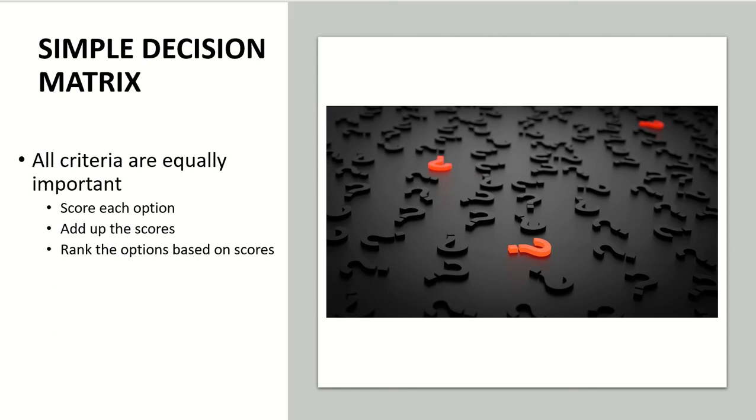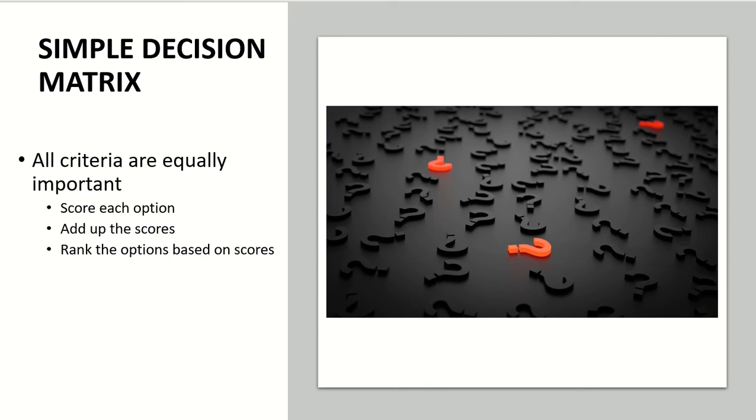It assumes that all the criteria that you use to evaluate your options have the same level of importance. You score each option based on the criteria you set, add up the scores for each option, then rank the options based on their respective total scores. The option that receives the highest score is the solution that you will implement.